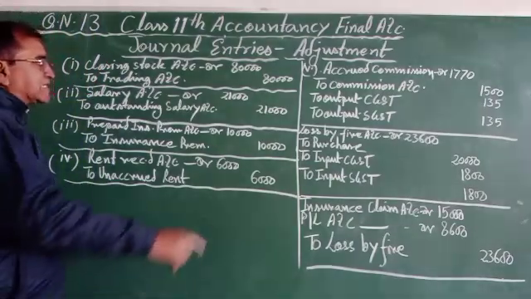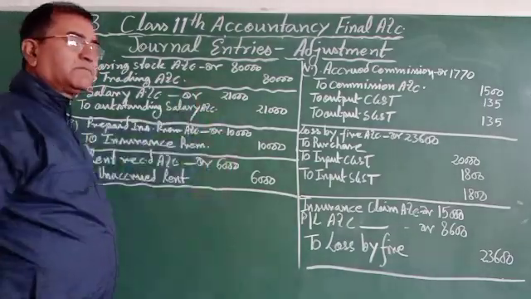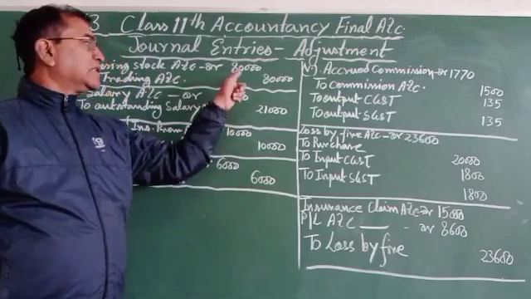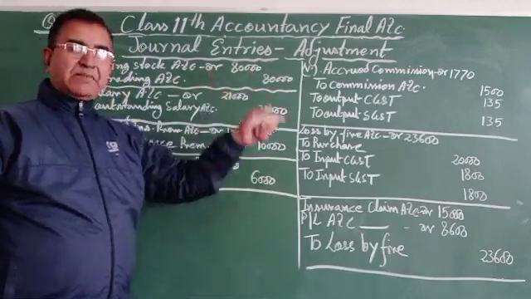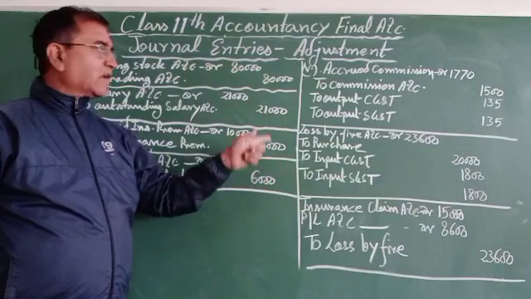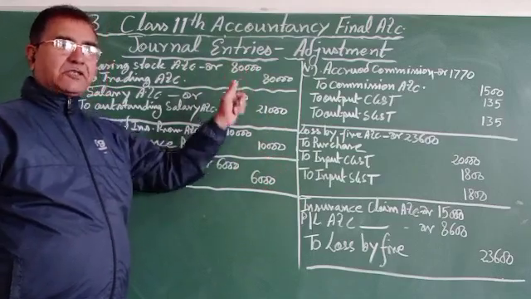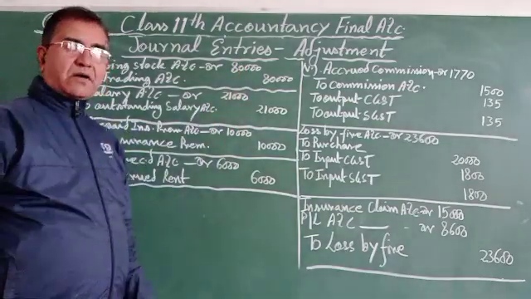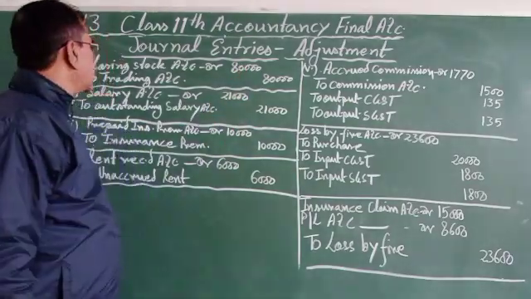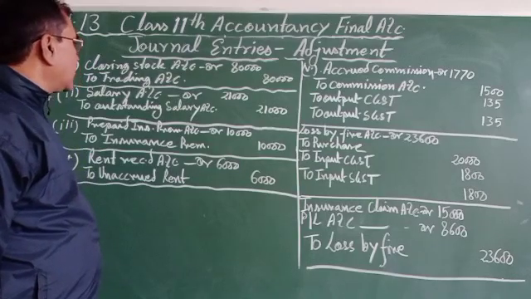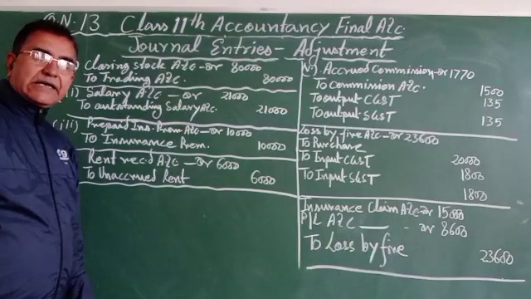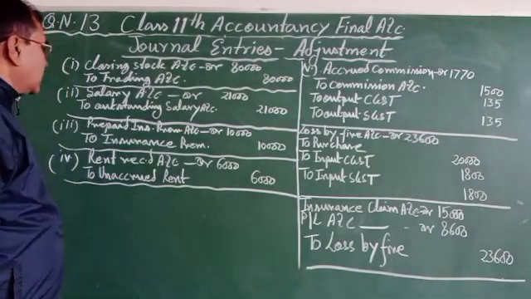When the goods have been purchased for the organization, the GST has been paid. That's why GST adjusted, so the actual amount of 80,000 will be transferred to the trading account, closing stock account debit to trading account. It will be credited in trading account.